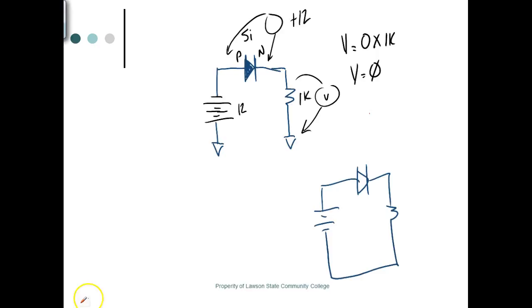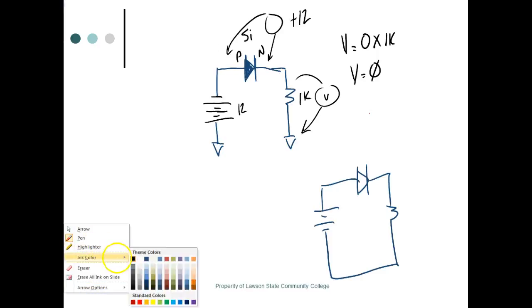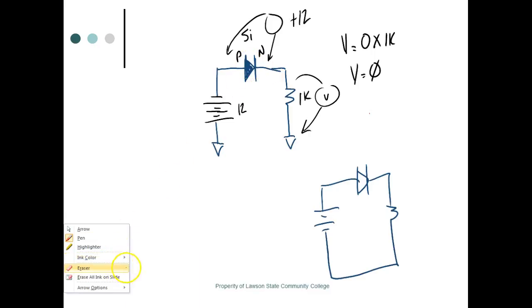So let's flip the diode around. We're going to keep the same common. How many people are going to miss that on the test? You're going to see silicon, and you're not even going to look at the diode to see if it's forward biased or reverse biased. You're going to say it's going to measure 0.7 of a volt or 11.3 volts. And of course, you're going to miss that.